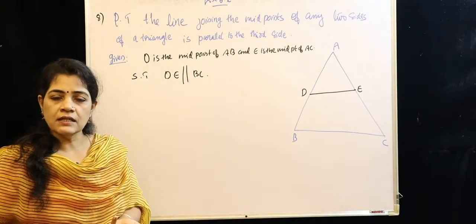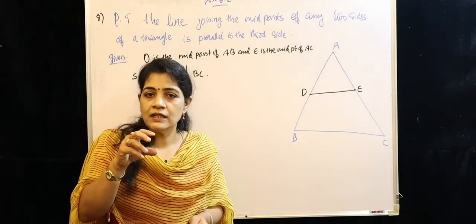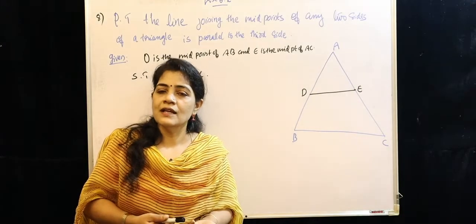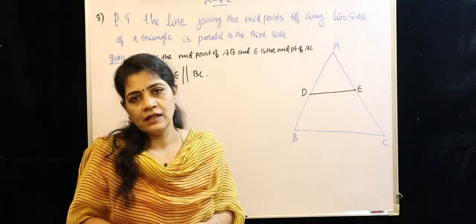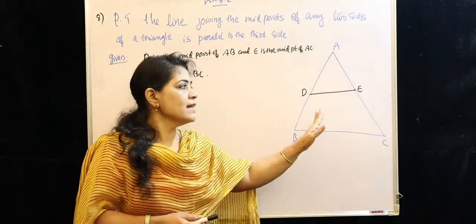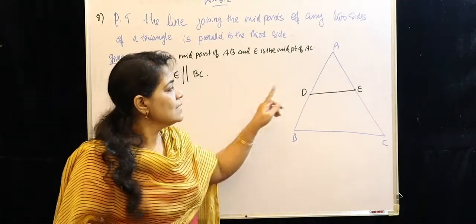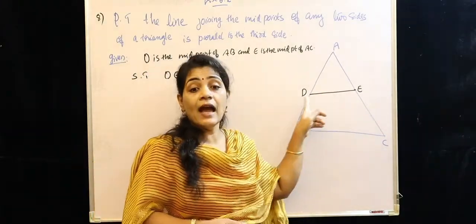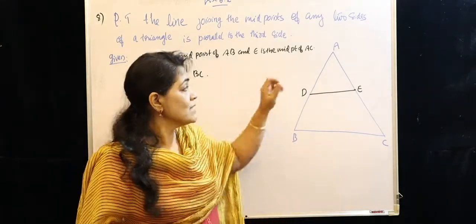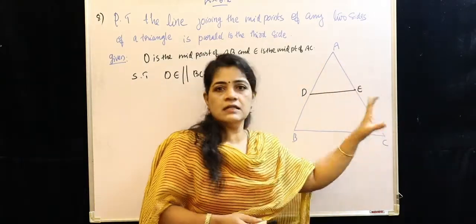See children, here also we need the application of which theorem? How can we show that a line is parallel to one side of a triangle? We are using the converse of the basic proportionality theorem. For that, we have to show that these two sides AB and AC are divided in the same ratio, that means AD by DB equal to AE by EC.